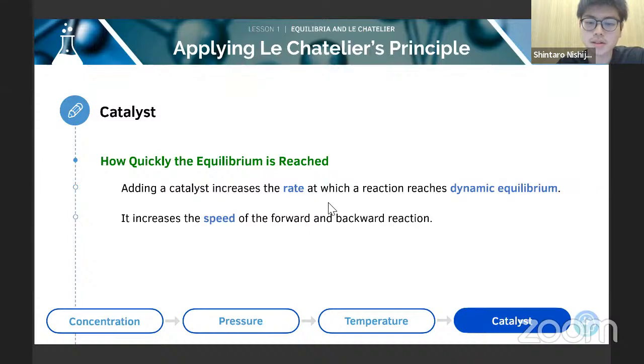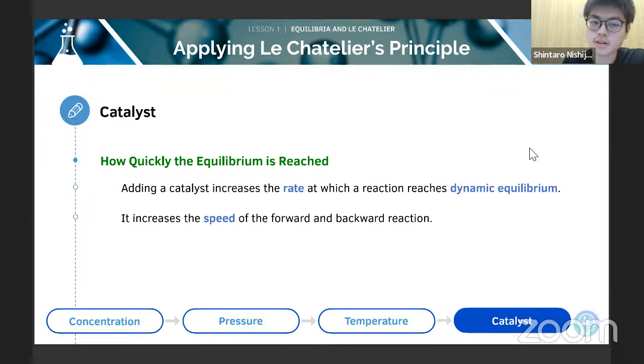And yeah, the other thing you need to know is that it speeds up the rate at which a reaction reaches dynamic equilibrium. Because if you recall from the beginning when we were explaining with the A and B, at the very beginning you just have the reactant and you haven't reached dynamic equilibrium yet. You just have the reactants and none of the products.